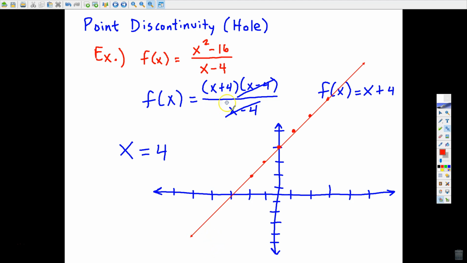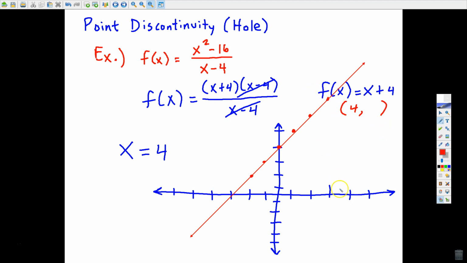But in the original function, I know we've canceled out, but in the original, can I use 4 as an input? No, because if I do, I get an undefined situation. So if I can't use 4 as an input, that means a certain ordered pair can't be generated.